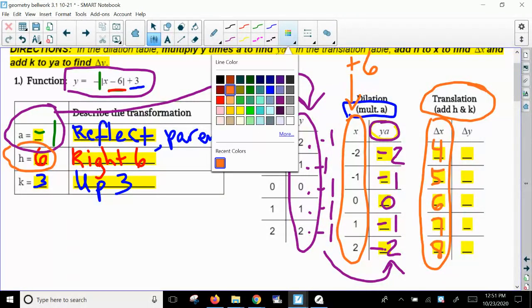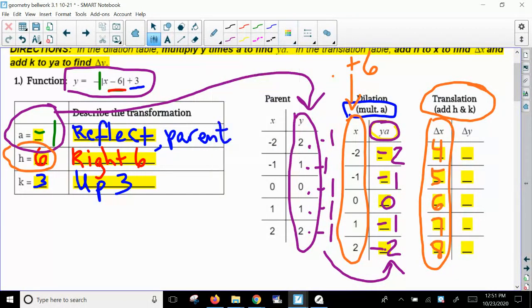And the last table, I'll use green. For the delta y, we're going to add k. K is 3. See how it says add h and k? For the x's, we added the h. And for the k's, we added, sorry, a minute.